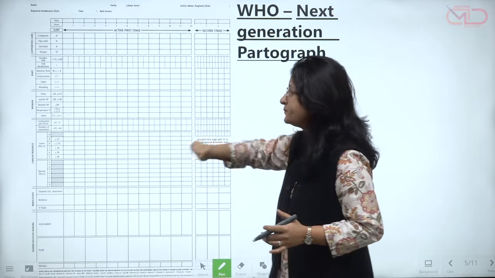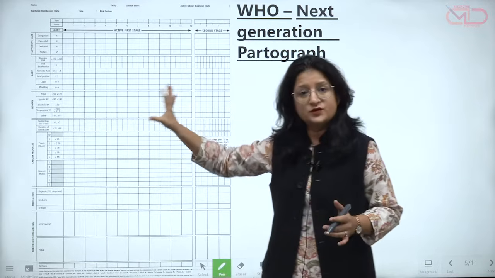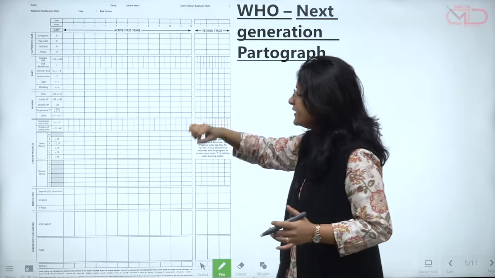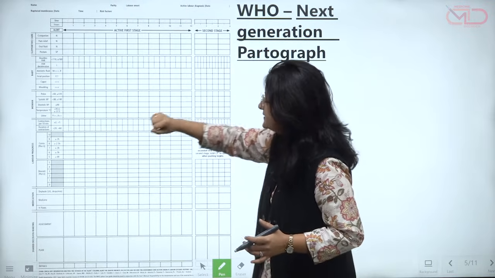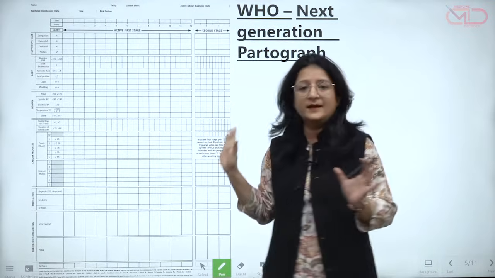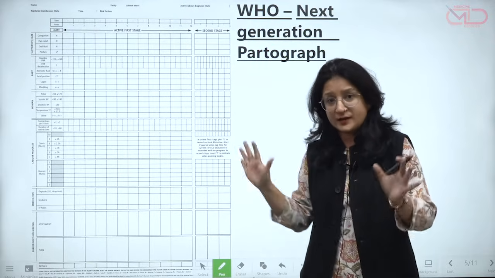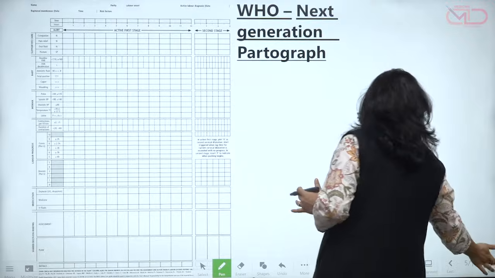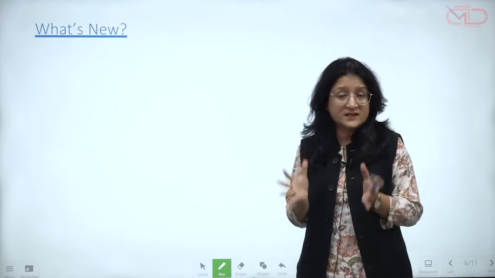That's the same. Maternal and fetal well-being is noted over a period of time. That's the same. But something that we see head on is that there is no alert line here, there is no action line here. So we need to see how this next generation partograph is different, what's new.